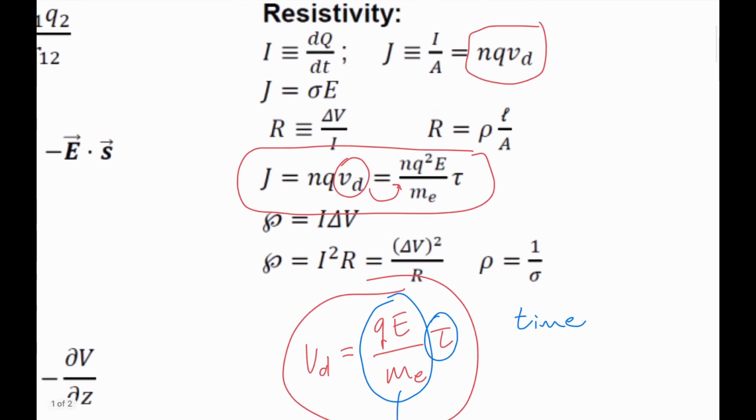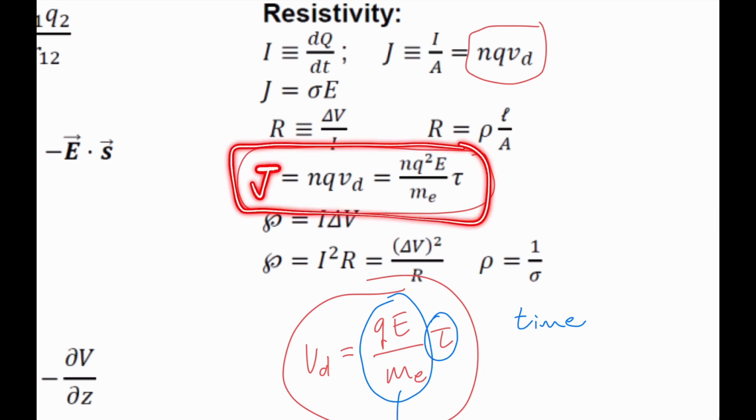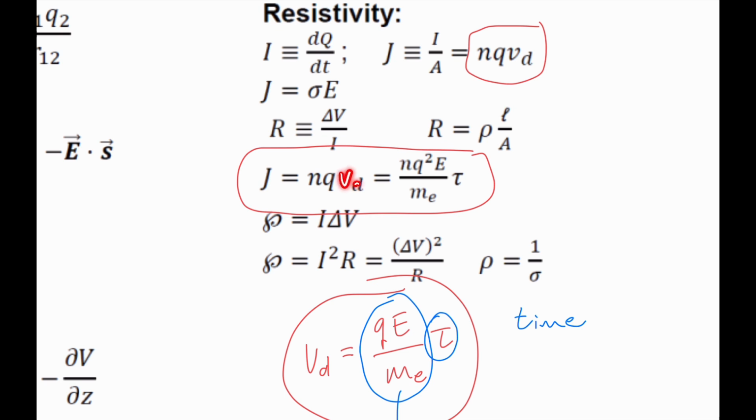So basically what this equation is telling you is the current density, if you replace the drift velocity by the electric field acting on the conductor, multiplied by how long you're running the experiment for. Let's say you connect some battery and create an electric field across your conductor. You have the charges, which you have squared because of this manipulation we did with v_d.